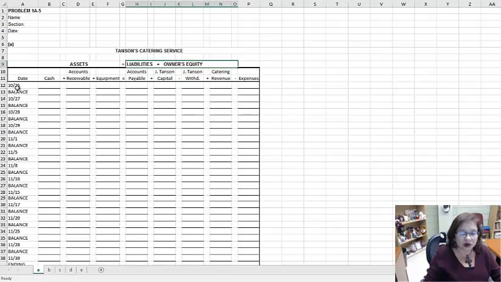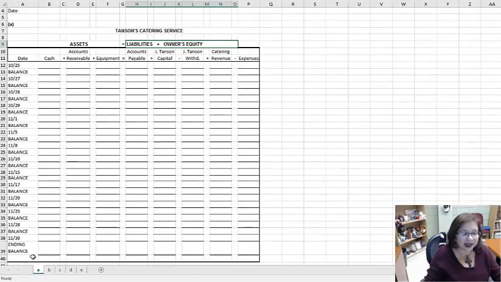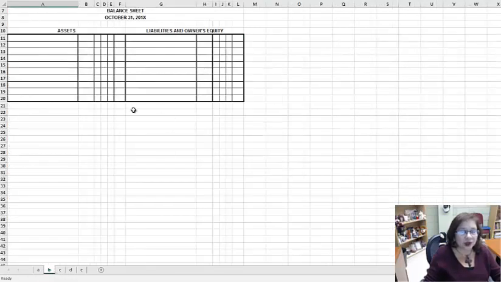So notice it starts on the 25th of October, and it ends on the 30th. We're going to put all the transactions in, and then after you put the transactions in, you're going to get all that information from there and create the balance sheet, okay?